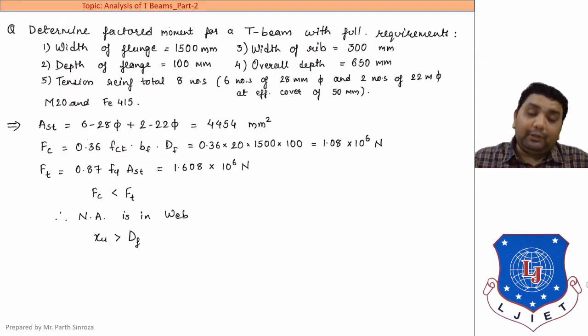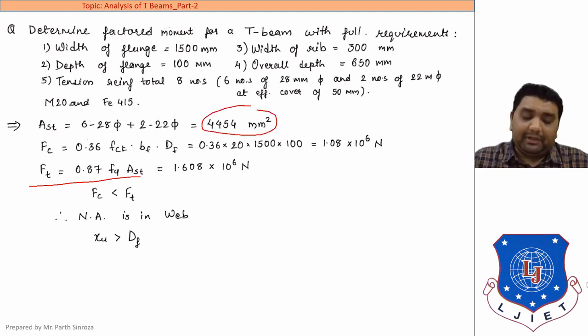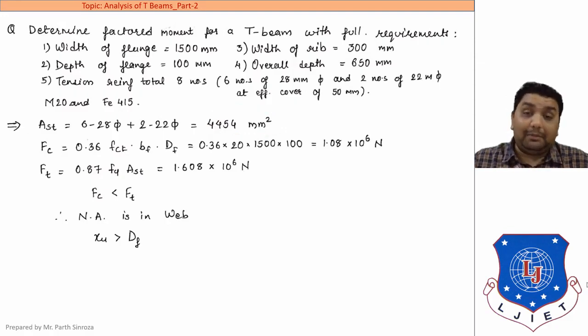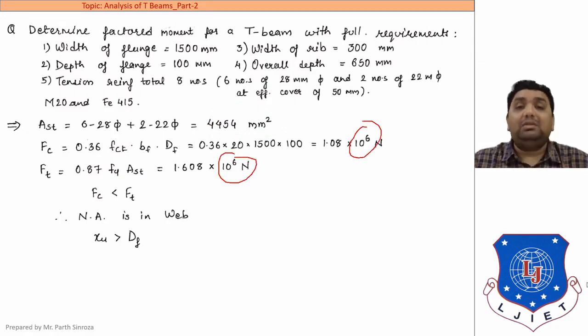The second thing is to find our tension force, that is FT. FT will be 0.87 FY into AST. AST we have calculated here. Substituting it, the value comes out to be 1.608 into 10 raised to 6 Newton. Again, I am elaborating this: keep in mind the power of both values should be the same.